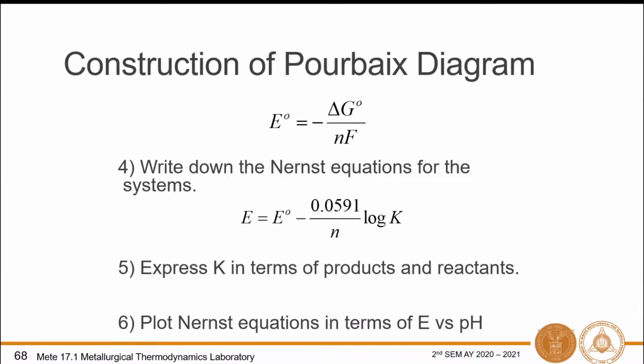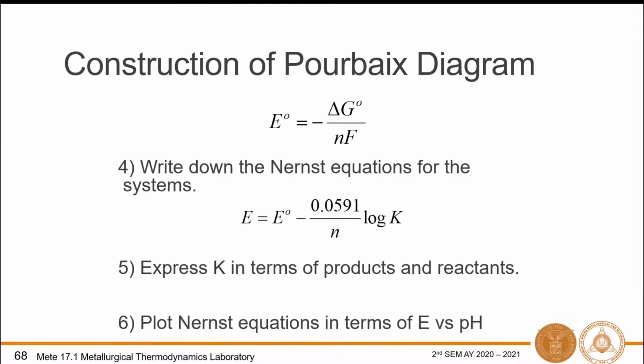The other method is to use this formula, which relates your standard Gibbs free energy with the electrochemical potential, sometimes known as your cell potential. The cell potential is equal to the negative of delta G naught divided by nF, where n is the number of electrons in the balanced chemical reaction, and F is Faraday's constant.